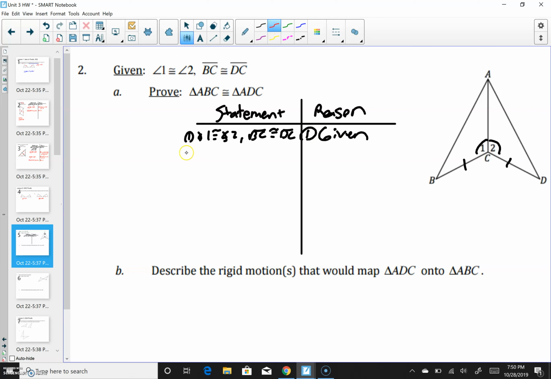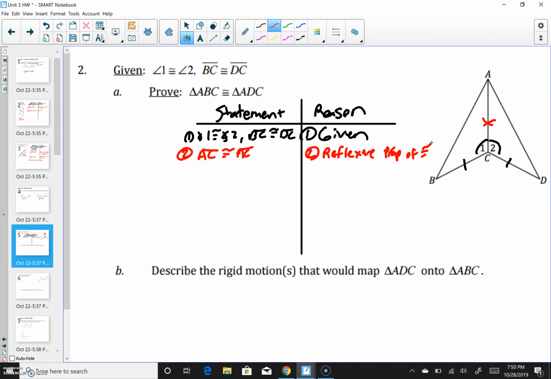The next thing is, since we're out of givens, the only options we have are either reflexive sides or vertical angles. And I see a reflexive side here at AC. So AC is congruent to AC. That would be our reflexive property of congruence.